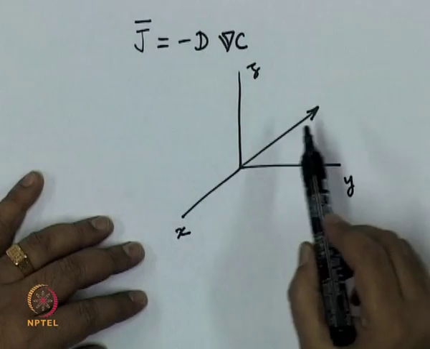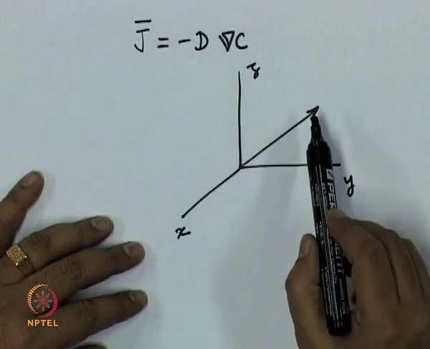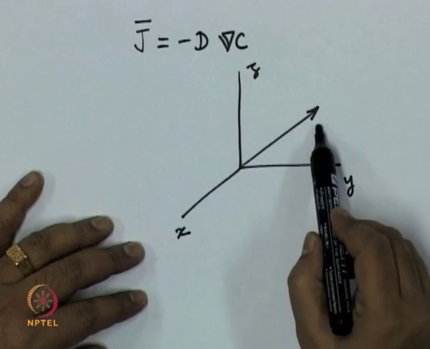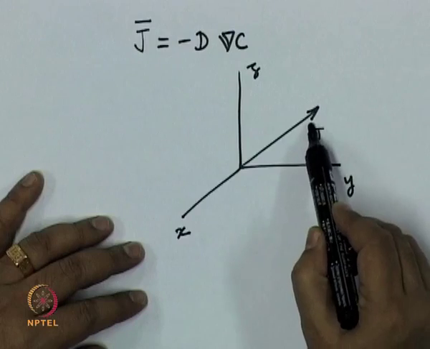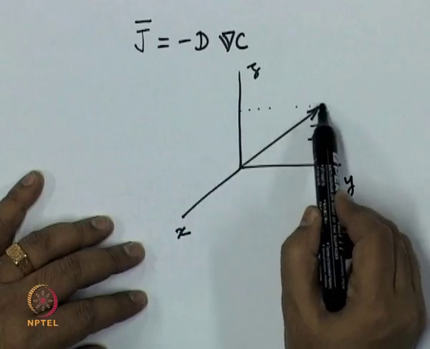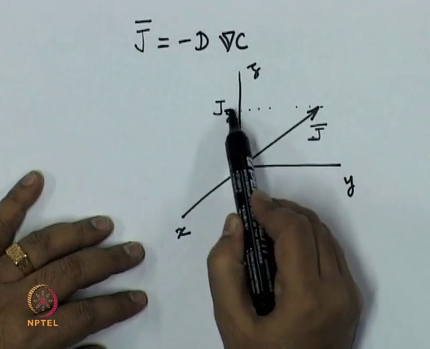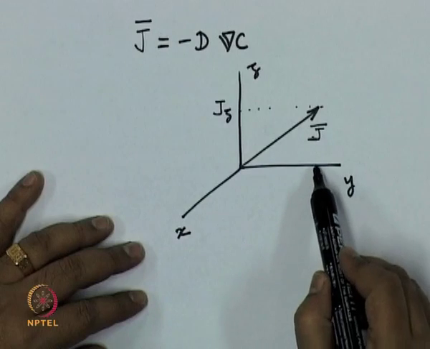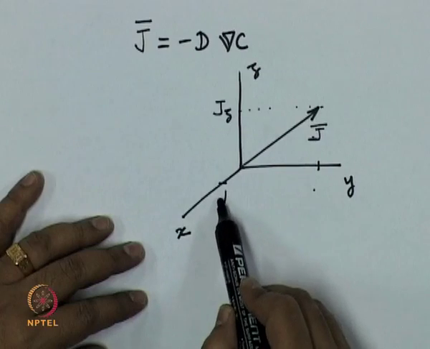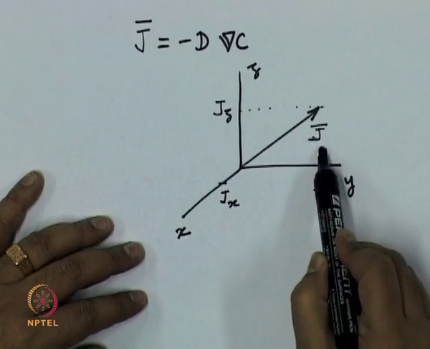Then let us take the components of this flux vector J. Let us take the component of J, so that is Jz, and if you look at its projection on x and y, you have Jx, you have Jy.